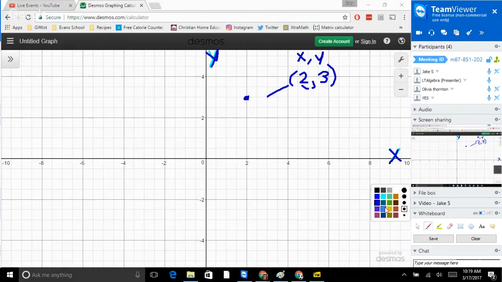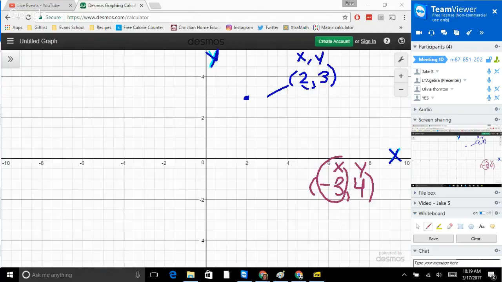Okay, so what if I wanted you to graph the point (-3, 4)? This represents x and y once again. Always x, always y. So what this means is that my x component is -3. And you don't have to draw these lines on here, I'm kind of exaggerating.